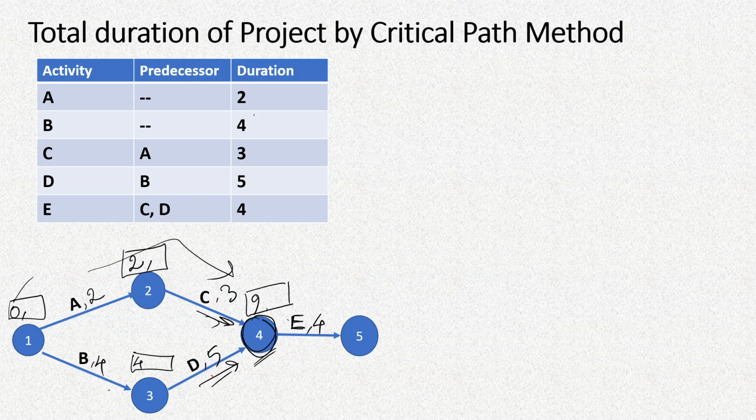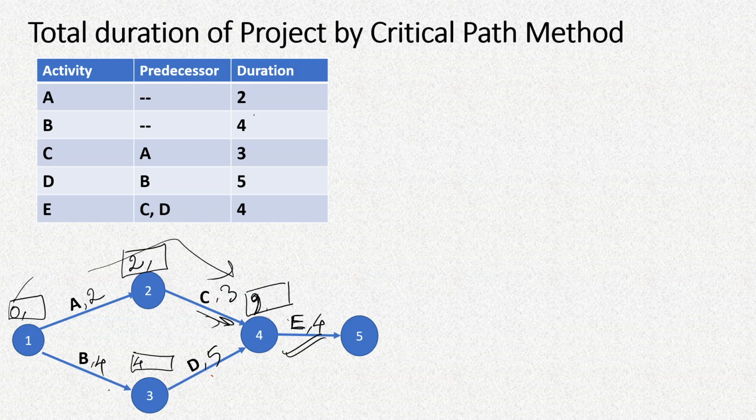That means it has to represent completion of both activities C and D, and if it has to represent the completion of both the activities, then it will be only on the 9th day. So after the 9th day we can start activity E.